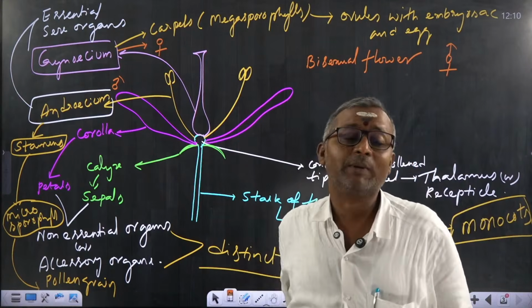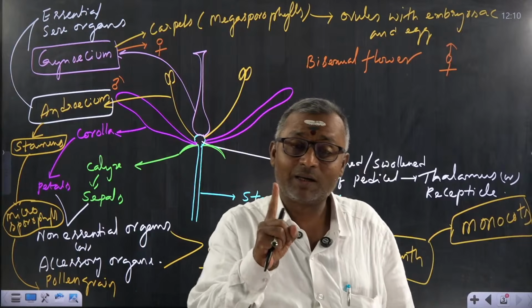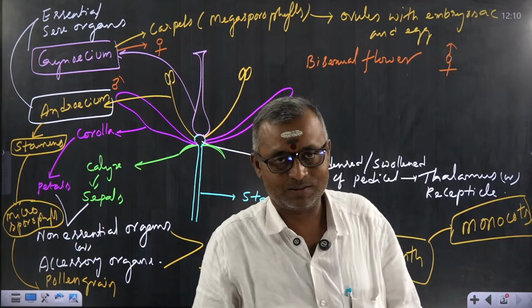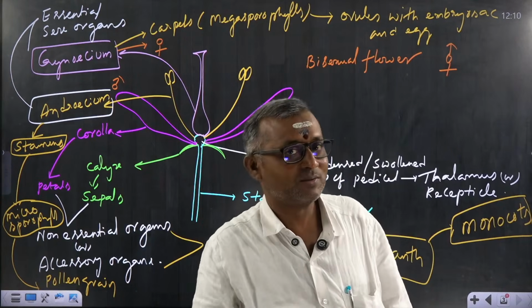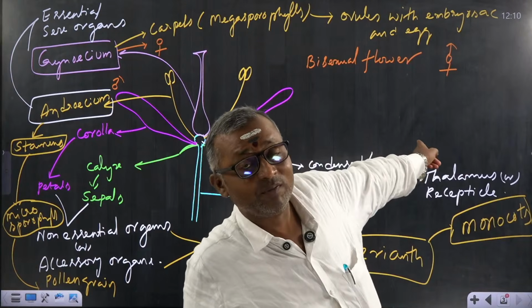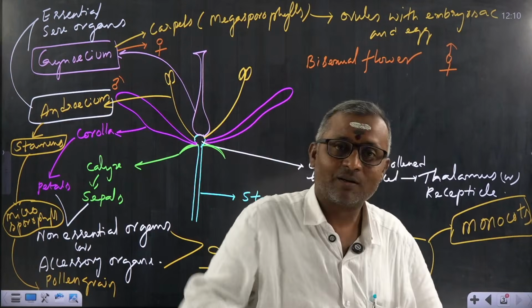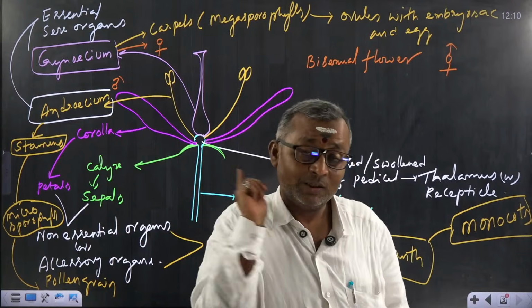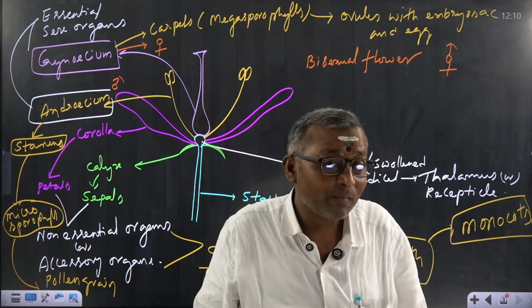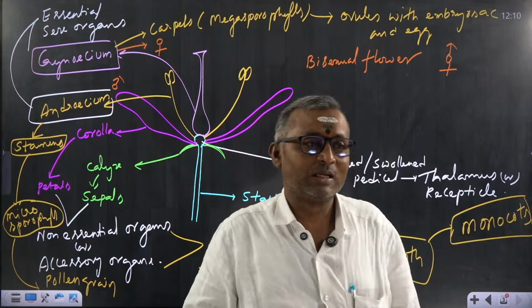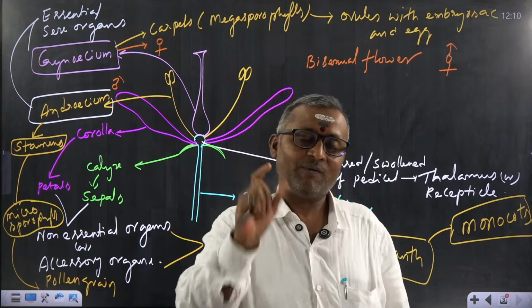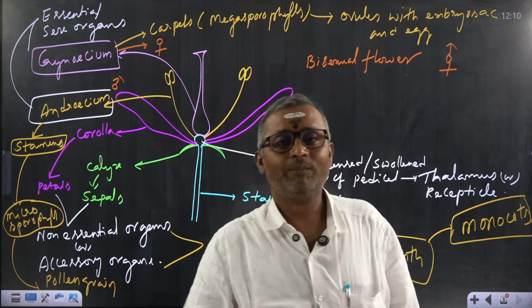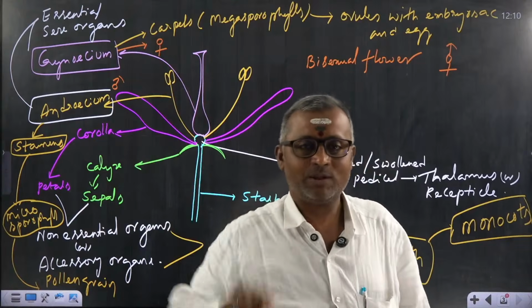Similarly, there are also some cases where a flower contains either of the sex organs. I am not saying both the sex organs. In bisexual flowers, you can find both the sex organs. Now what I am saying, there are also some flowers where either of the sex organs may be there. That means the flower contains only androecium or only gynoecium.